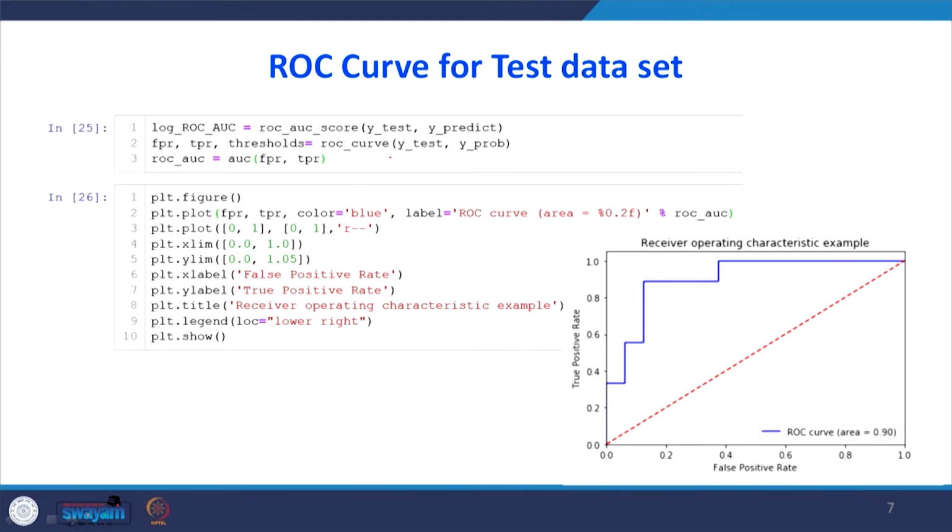Only these things are changed. When compared to this, the AUC, the area under the curve, has increased to 0.9. So we infer that this model is performing well on our y test data set, because the AUC is 0.9.